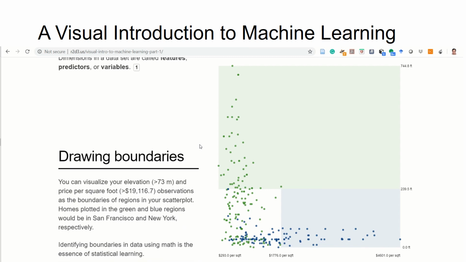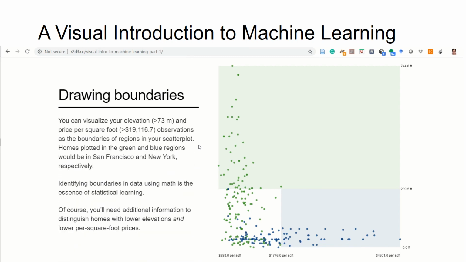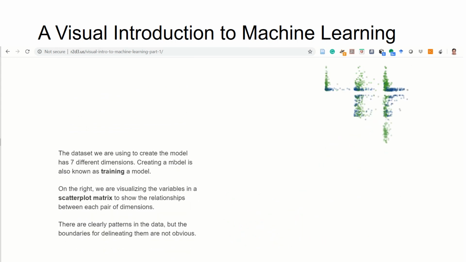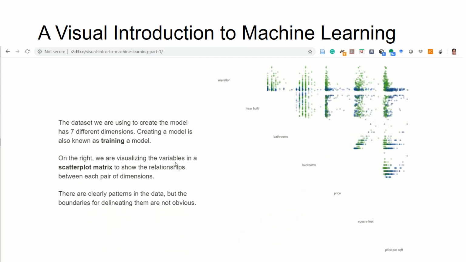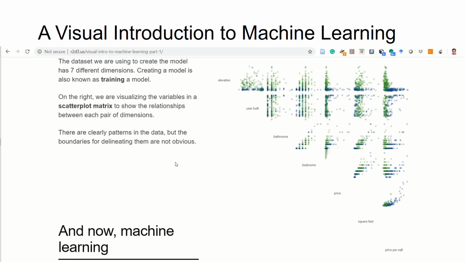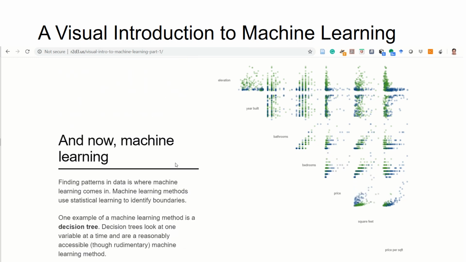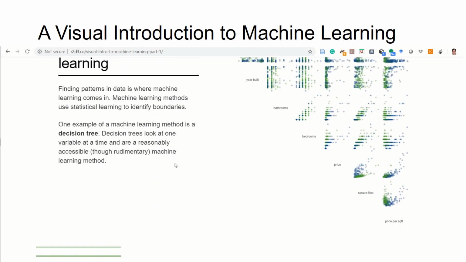Based on that, I started drawing a boundary here, and once I draw that boundary, I have some rough estimates on what type of data happens to be in what type of place, and then I put them into a scatter plot matrix to show the relationship between different dimensions.